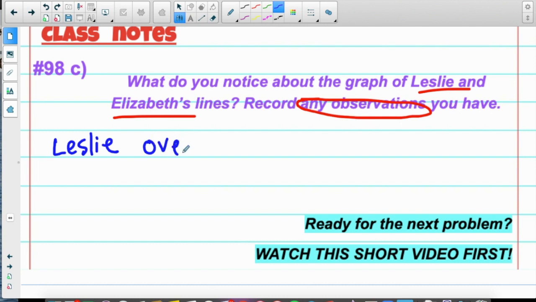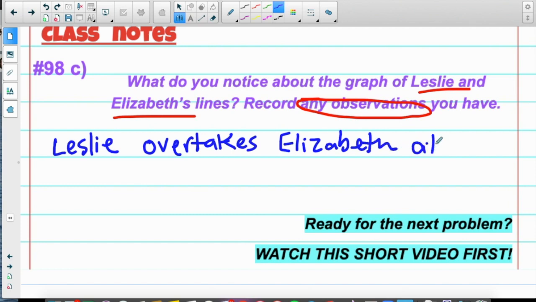Leslie overtakes, which means she is now in front of Elizabeth, at 8 seconds, which is also the 12-meter mark.